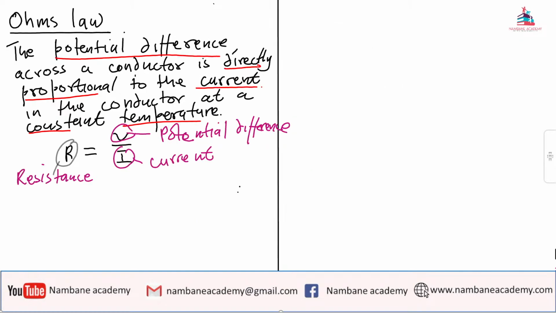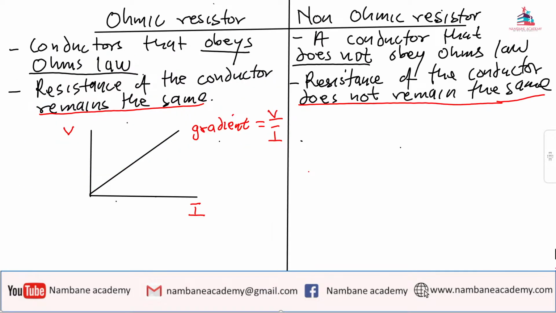But let me go back to Ohm's law. The potential difference across a conductor is directly proportional to the current. So directly proportional means at this point and at that point, and at this point and that point, the gradient is the same.